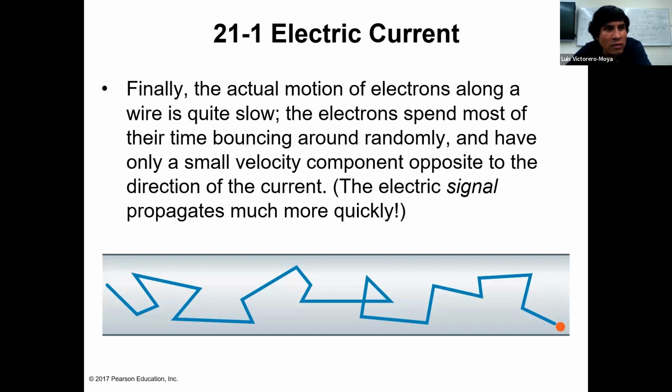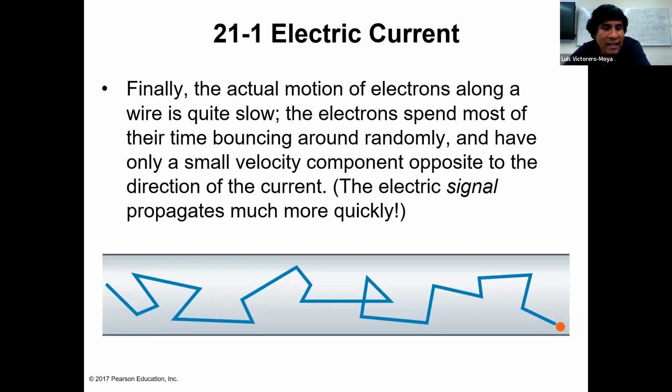You know those cables that we have outside that we use to provide electricity in cities, right? High transmission cables. They have large amounts of current. Therefore, they should have a large amount of charge flowing in them. But because there is so much charge, there are so many electrons that they're going to bounce so much that it can take years for a single electron to travel from one end to another. So then how come the electric signal travels so quickly?